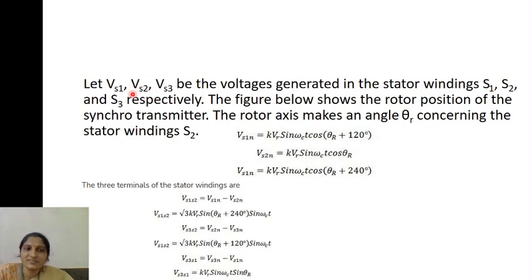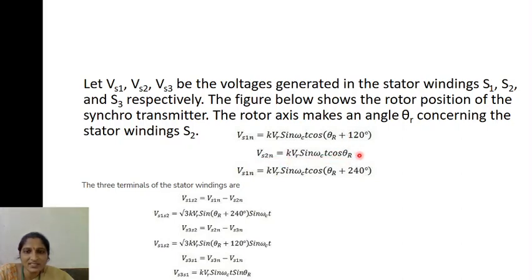Suppose Vs1n, Vs2n, Vs3n are the voltages induced in the stator windings S1, S2 and S3. So Vs1n can be indicated as kVr sin omega t cos of theta r plus 120. And Vs2n is equal to kVr sin omega t cos theta r.